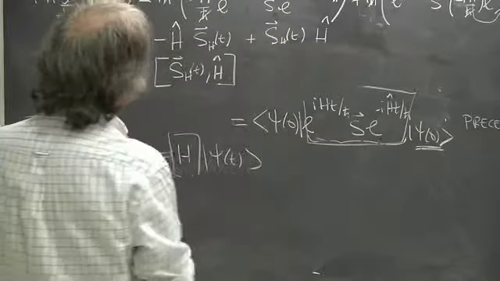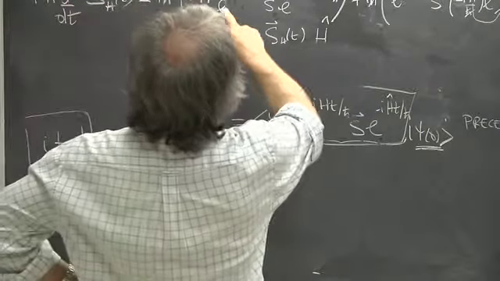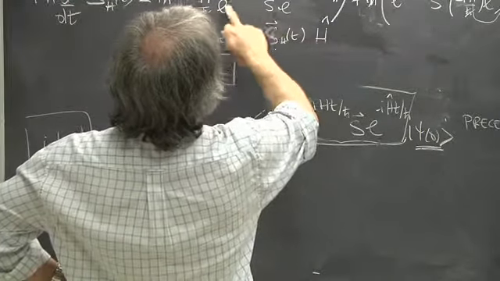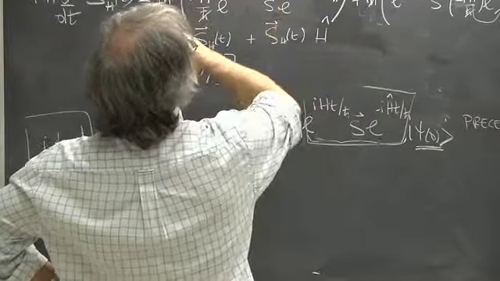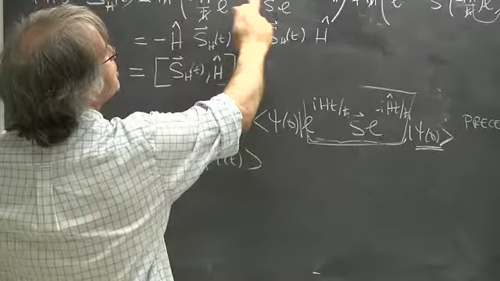Now, let us look at this object here. You see, it's S with the Hamiltonian just before and after. But H commutes with all these objects, okay?